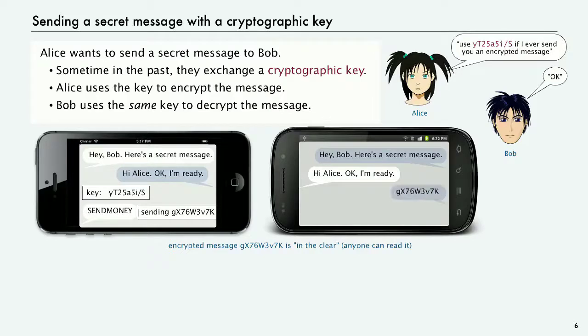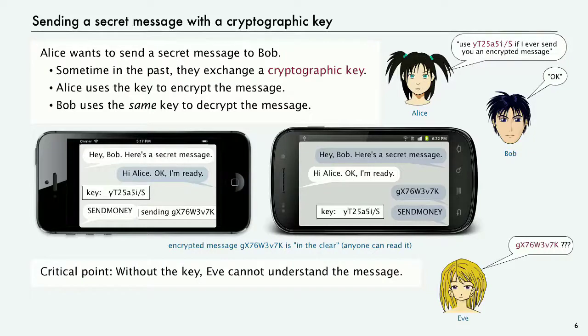We assume that anyone can intercept it and read it. So Bob gets that encrypted message, and then his system asks him for the key, and he takes out the piece of paper that Alice gave him in the past and types in the key, and then Alice's message appears. That's the idea. That's the system that we want to try to support.